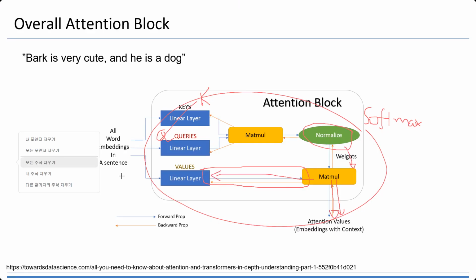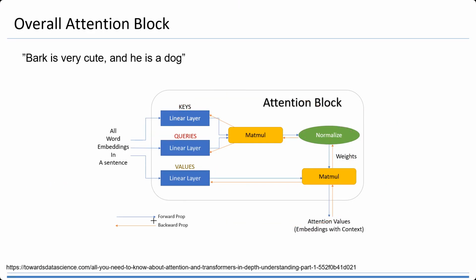If we are doing this with a feed forward neural network, then it will be only one time from the embedding until we got the attention value.